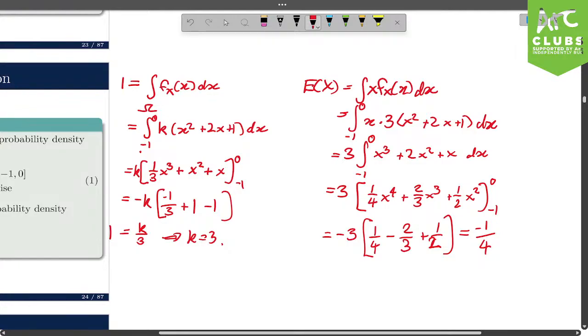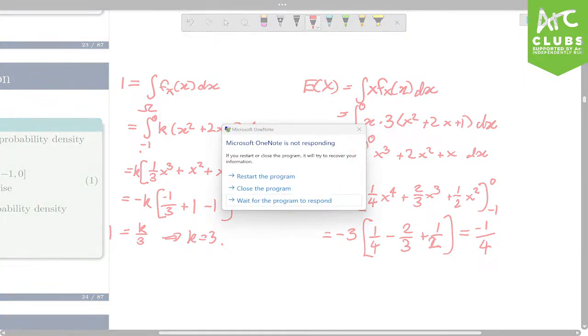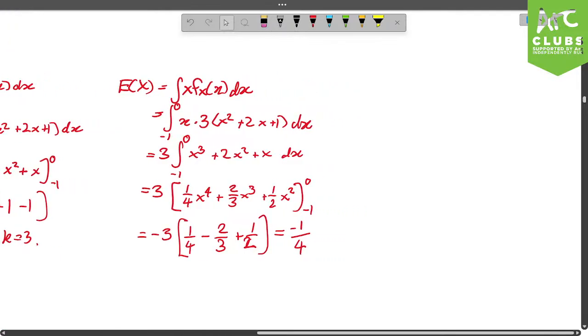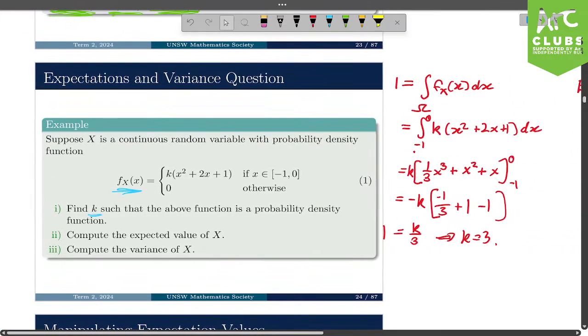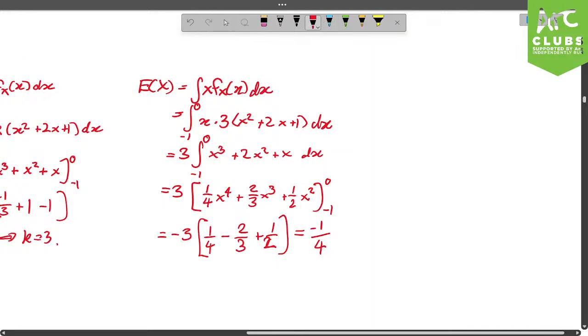I remember. All right, the next thing to do is deal with the machine. The next question was to find the variance of x. So if I go back, compute the variance of x. How do we find the variance of x?